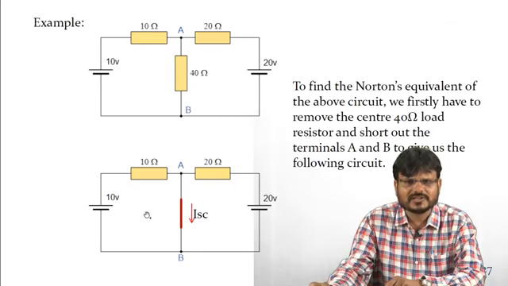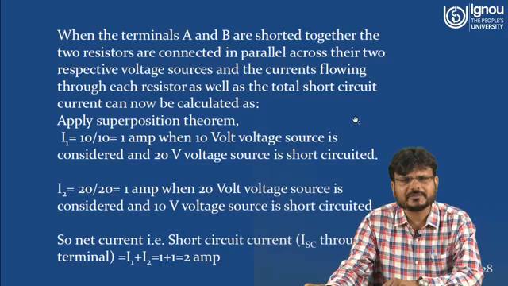So whatever current flows through this 10 volt source will be divided in this branch and this branch. With terminals A and B shorted together, two resistors are connected in parallel across their respective voltage sources, and the current flowing through each resistor as well as the total short circuit current can be calculated by applying the superposition theorem.